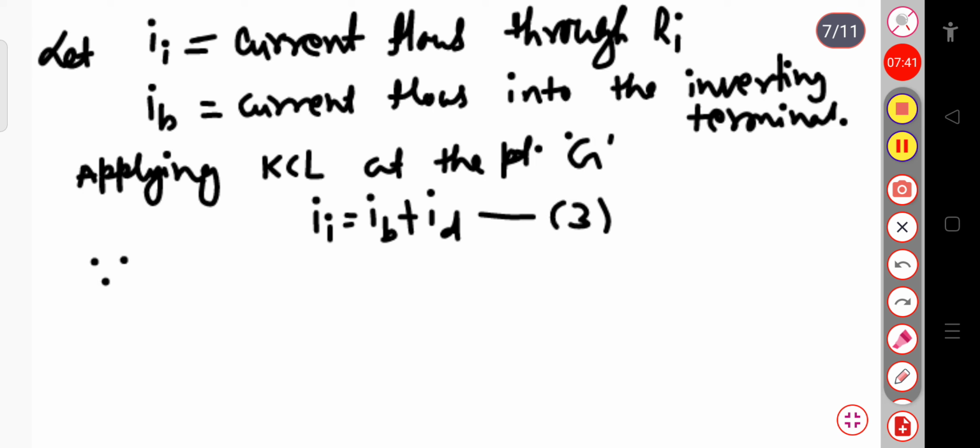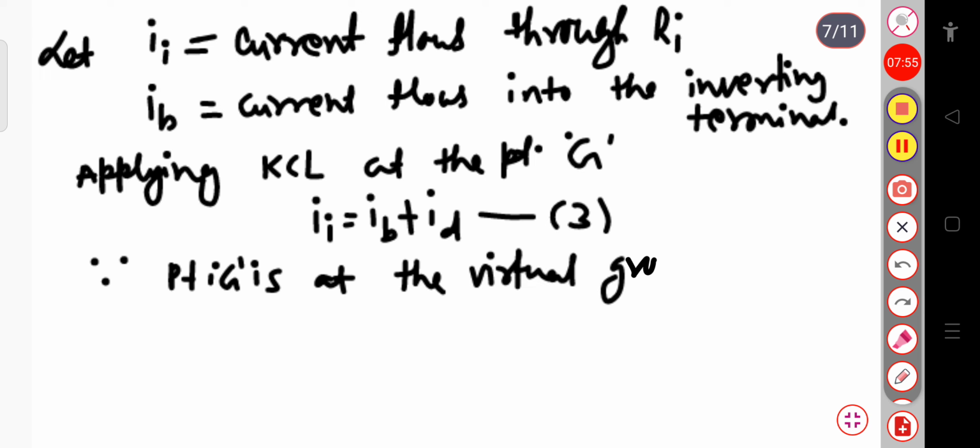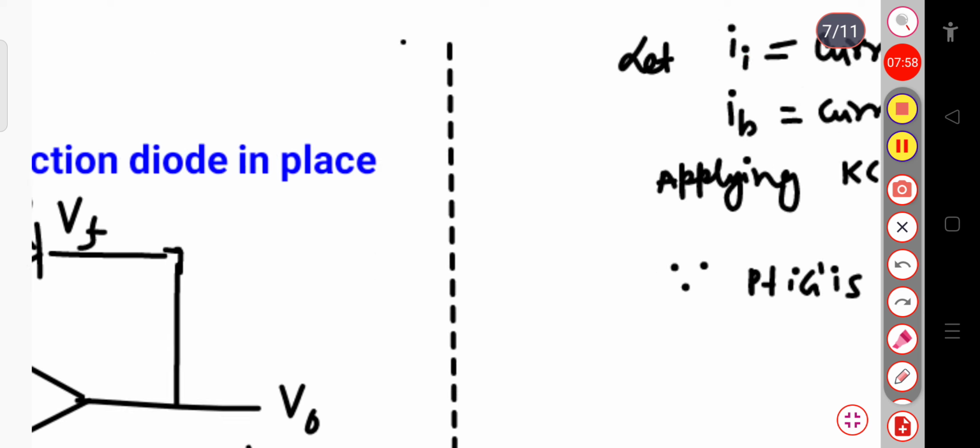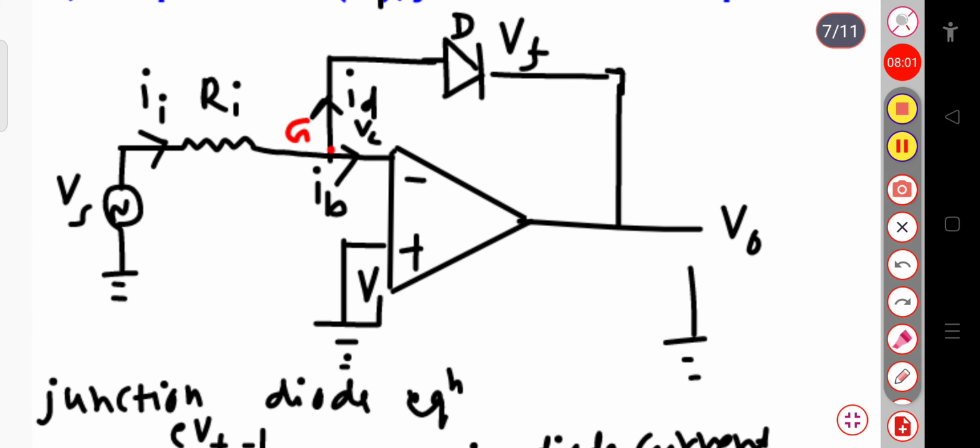Since the point G is at the virtual ground, why am I saying virtual ground? Let us see the figure again. In this figure you can see the non-inverting terminal is connected to the ground. The input impedance of this op-amp is infinite, so the current will be 0, and V1 equal to V2 equal to 0.